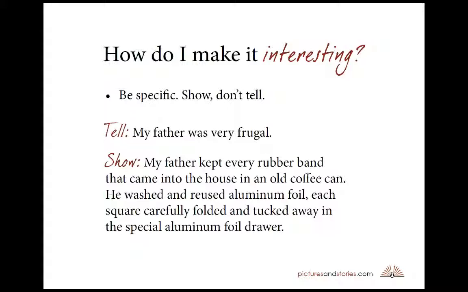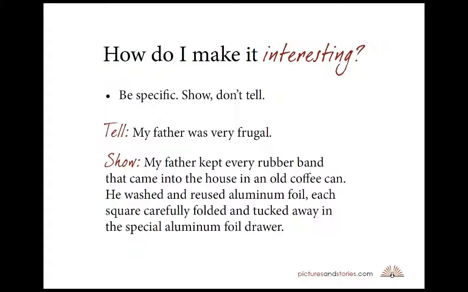Here is a little detail: my father was very frugal. This might be an example of something you would have written on your timeline or in your story notes, where you just say, my dad was a very frugal person. So how are you going to show the reader that your dad was frugal, other than just saying he was frugal? You can actually create a picture in their mind. My father kept every rubber band that came into the house in an old coffee can.